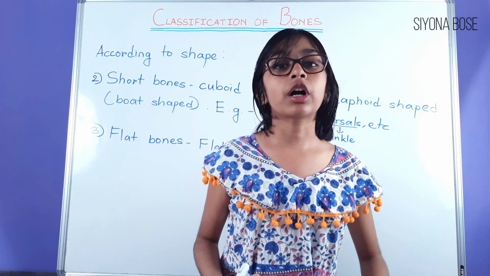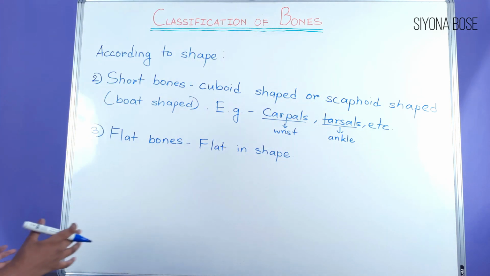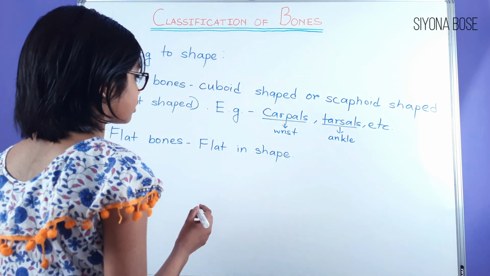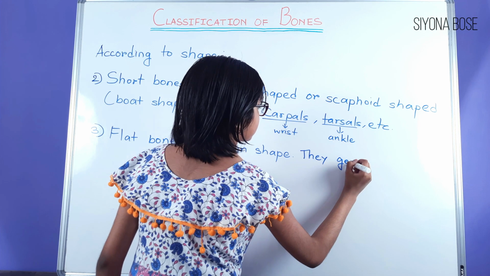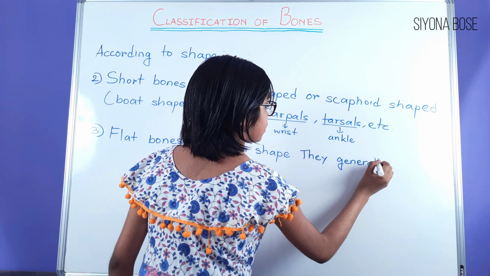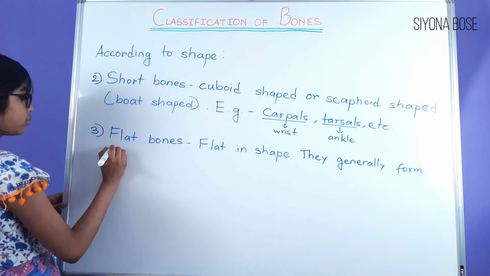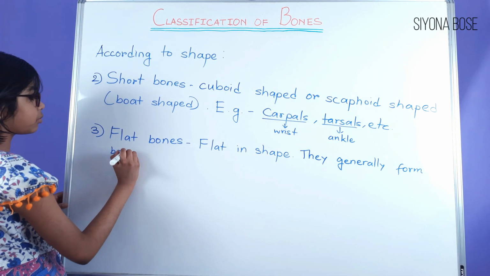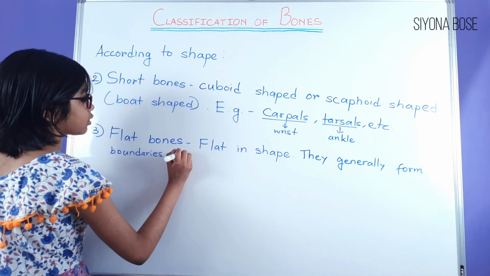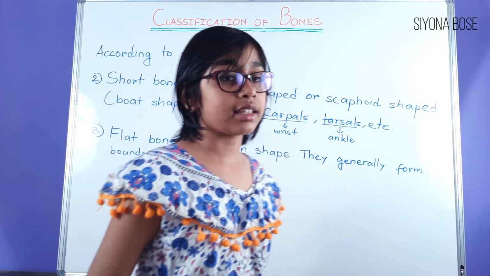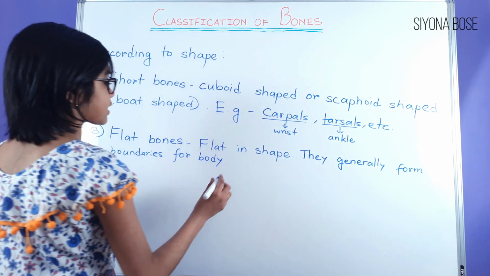Many flat bones form boundaries for body cavities. That means hollow spaces like that.